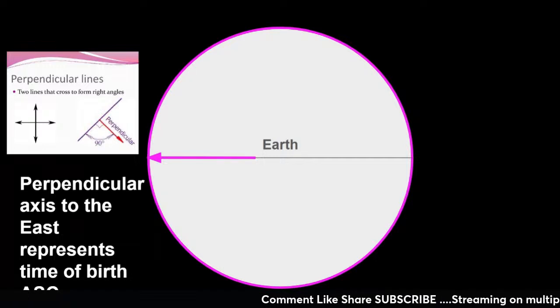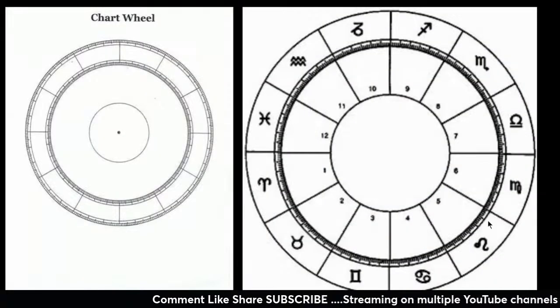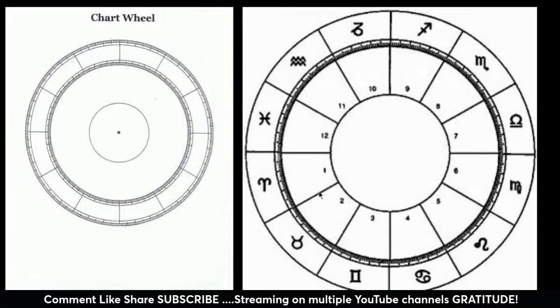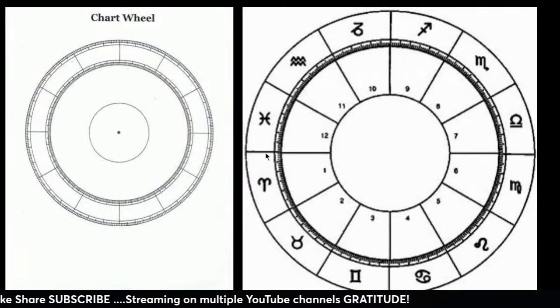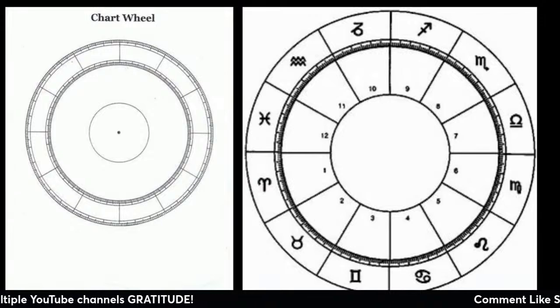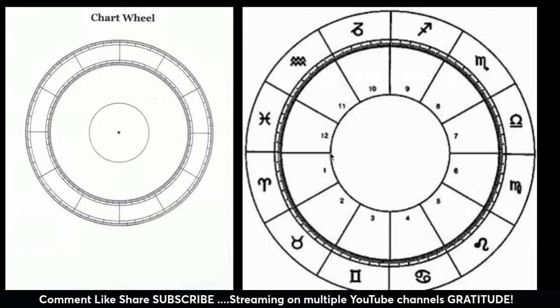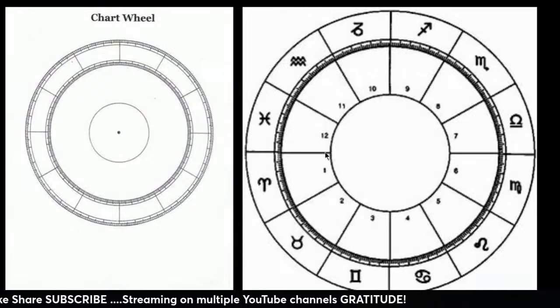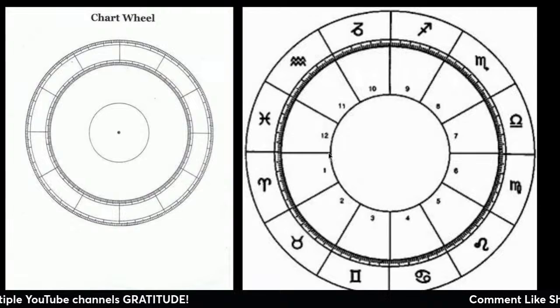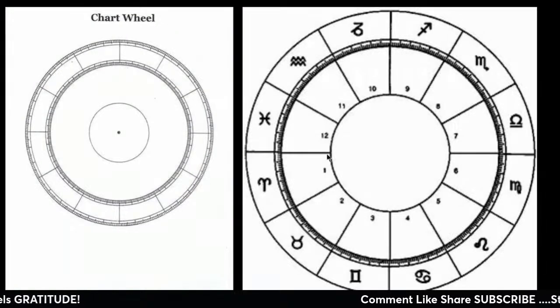For example, the first house starts right here on the Eastern Hemisphere of the chart, which again is simply a picture of the sky at the moment you were born. The first house always starts right here, and this line represents your ascendant. First house equals ascendant.